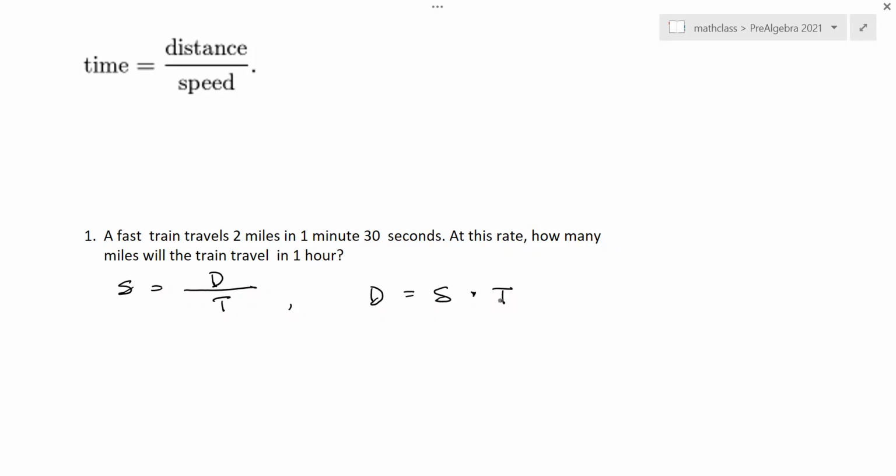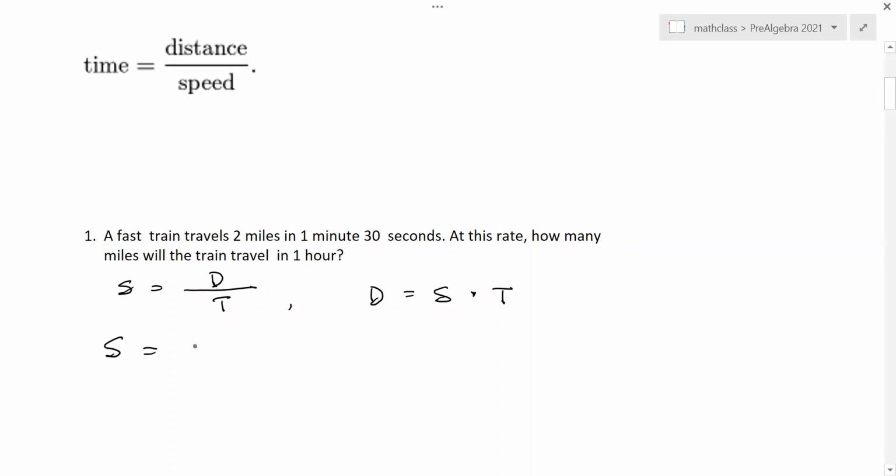Now, the speed. You have to have the same units. 2 miles in 1 minute 30 seconds, so you have to convert the 1 minute 30 seconds to an hour, or you can change it to minutes first.